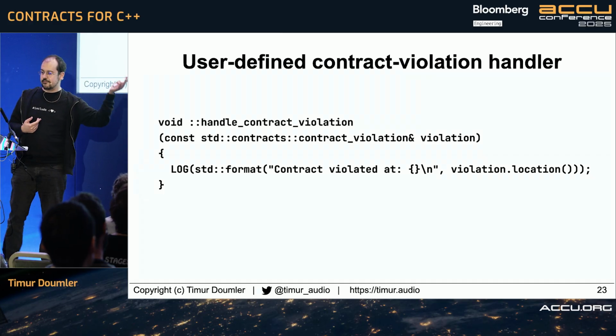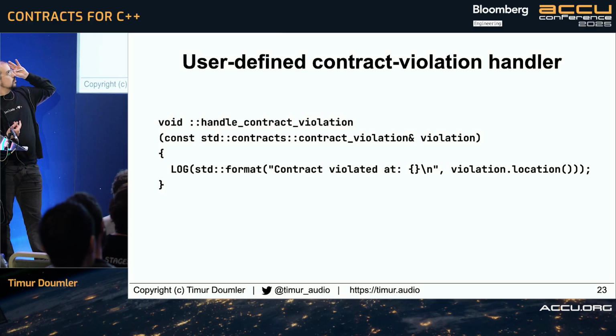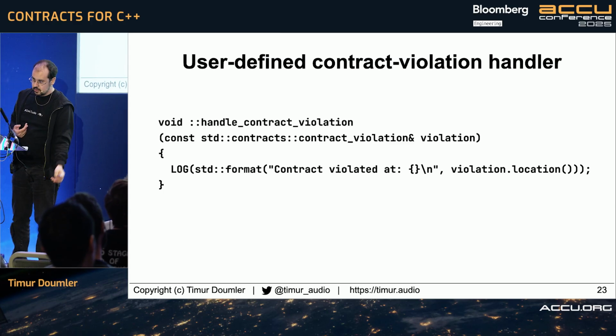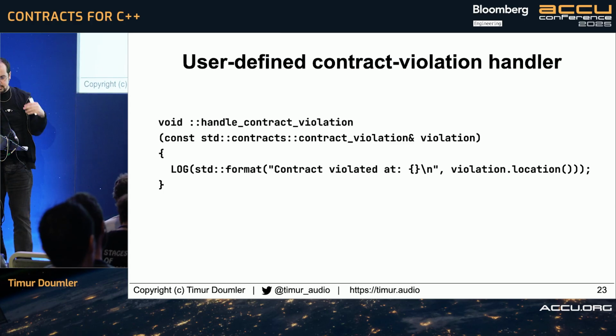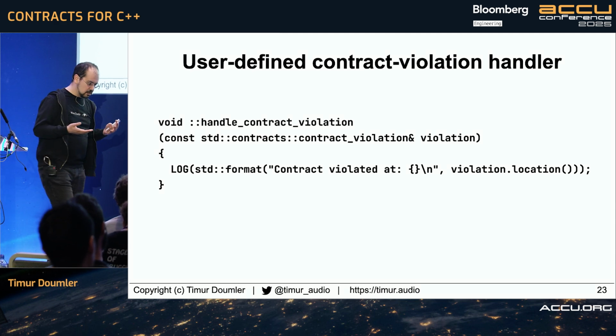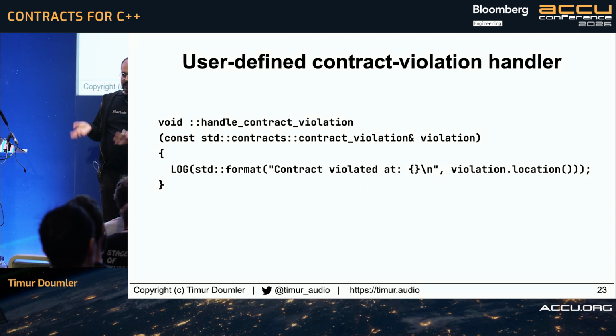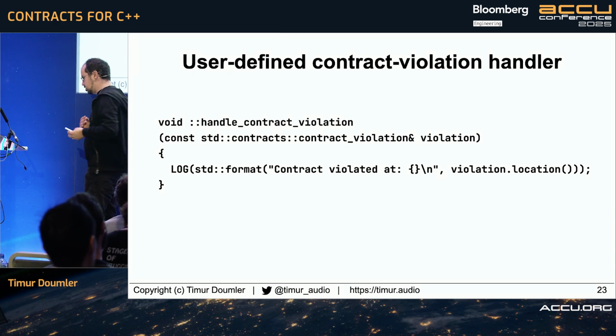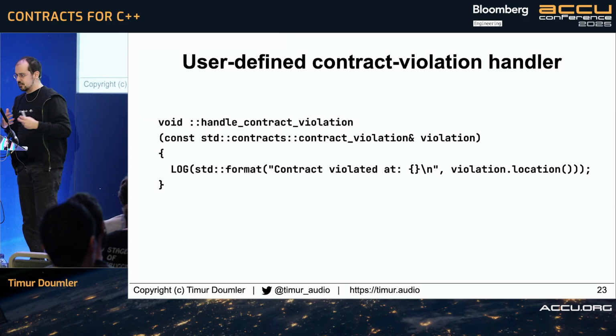And you use that by defining a function with this signature. It's got to have exactly this name. It's got to be in the global namespace, and it's going to take one parameter, which is a const reference to a contract violation object. And so you define that function in some translation unit, you link it in. So it's a link time thing. It works exactly the same as operator new, operator delete.